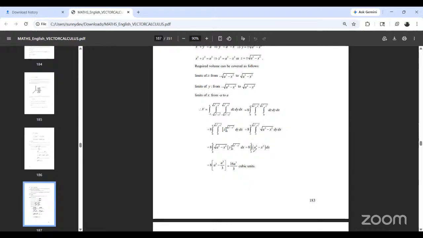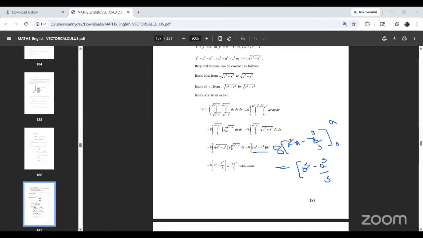Here, what are we getting? a square x minus x cube by 3. The limits are 0 to a. So that becomes a cube minus a cube by 3.